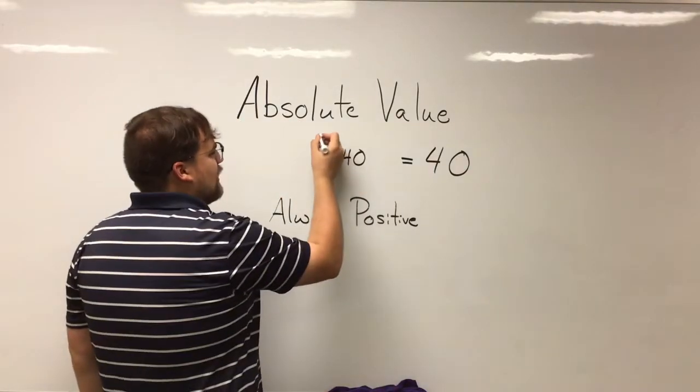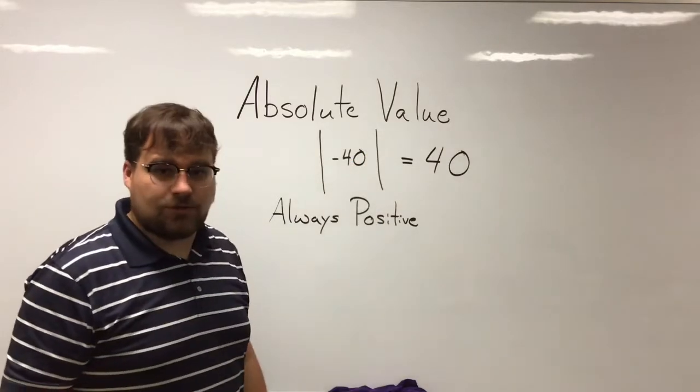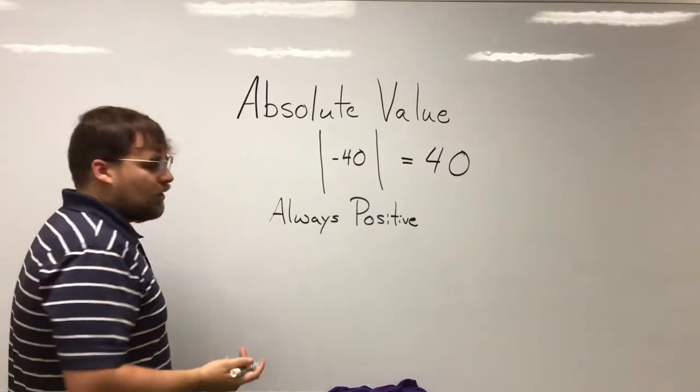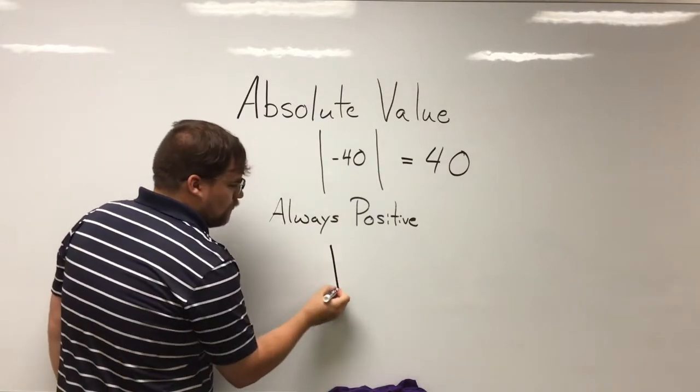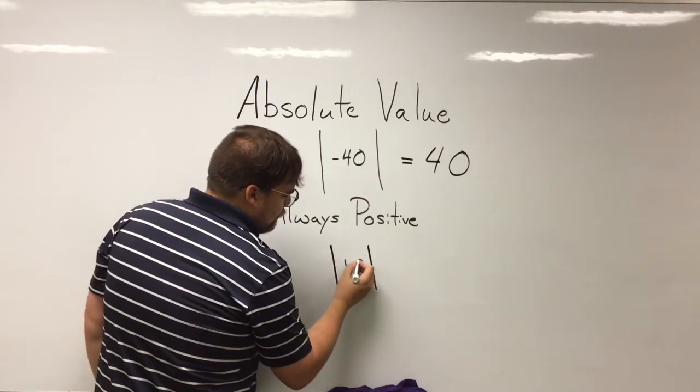Now that's not to say that there's always going to be a negative inside absolute value, because that's not the case. We could just as well write the absolute value of 10.